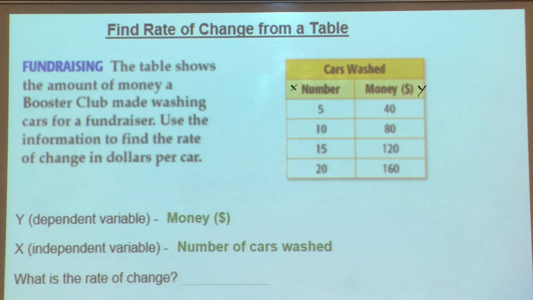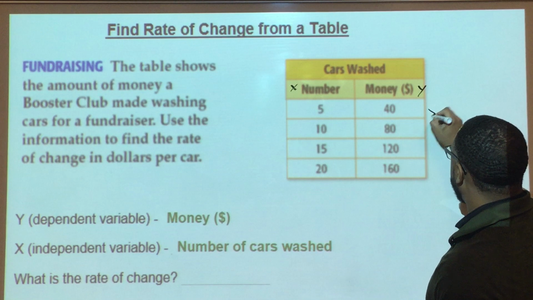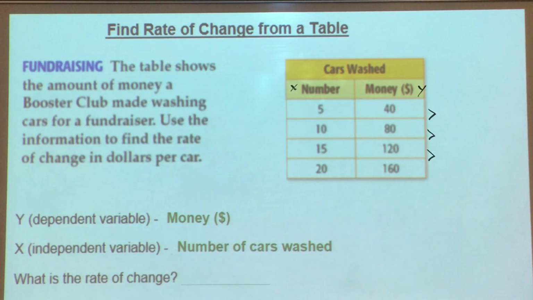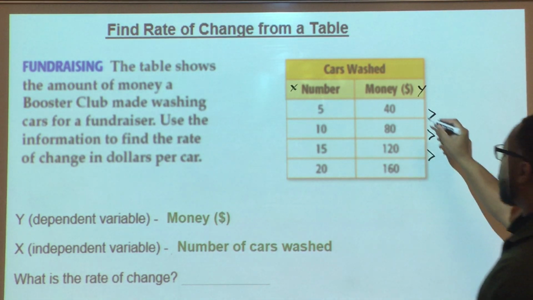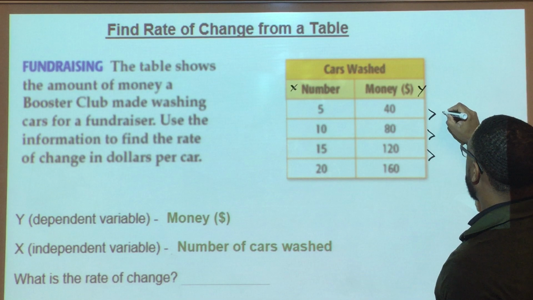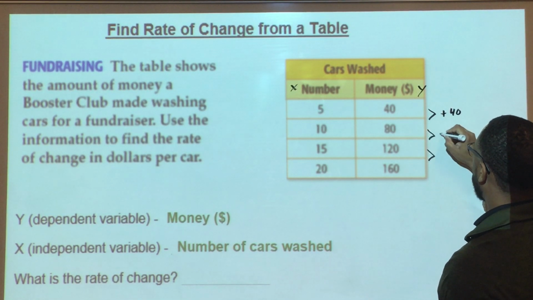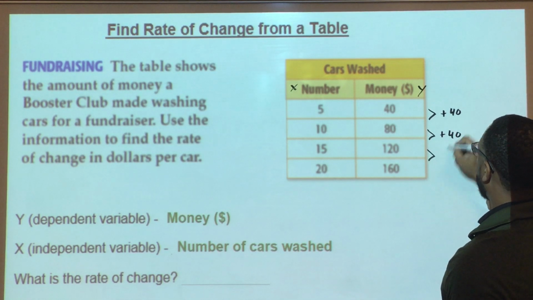So how do we find the rate of change? This is how. We're going to determine what y is changing by. When you look at it, to go from 40 to 80, that is an increase of 40. To go from 80 to 120, that is an increase of 40.